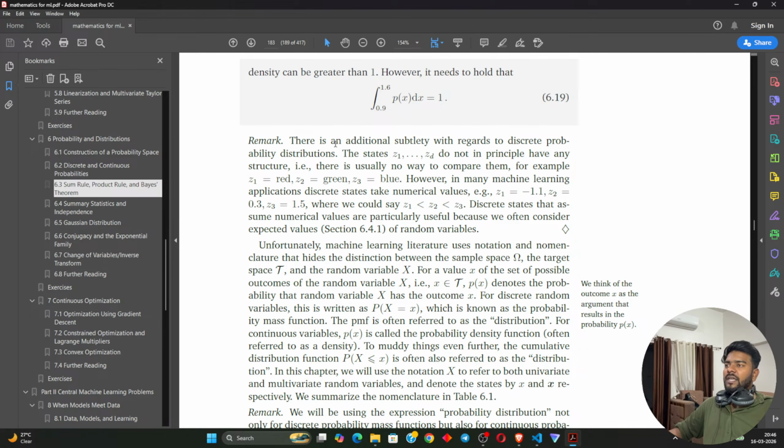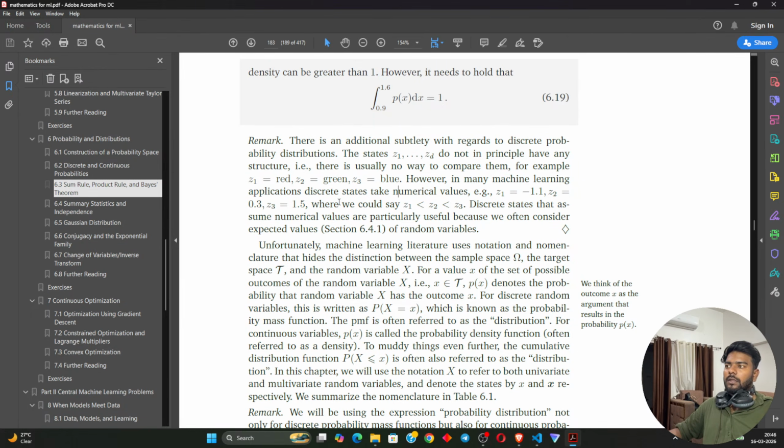There is an additional subtlety with regards to discrete probability distributions. The states Z1 to Zd do not in principle have any structure, that is, there is usually no way to compare them. For example, Z1 is given red, this one green, this one blue, three different states.